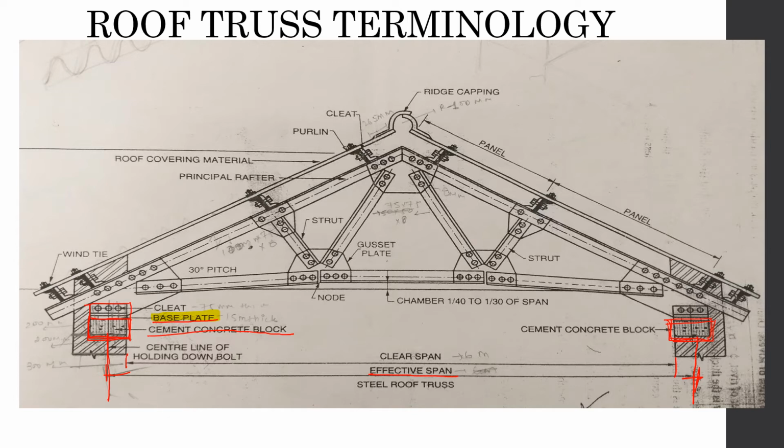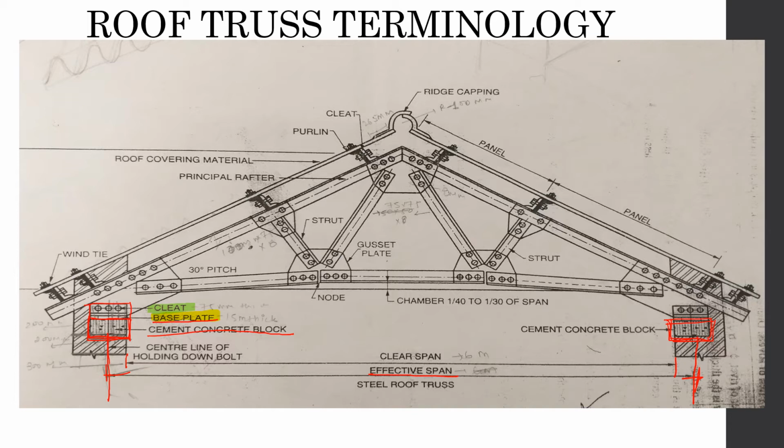So here is the base plate. Over that is the cleat, which I'll highlight with another color. So here is the cleat, like this. I will explain it to you later.